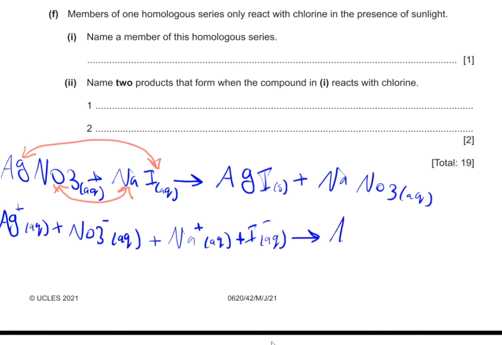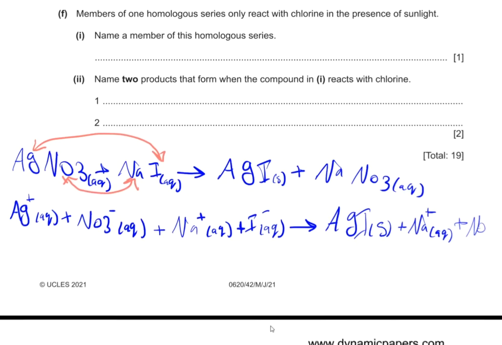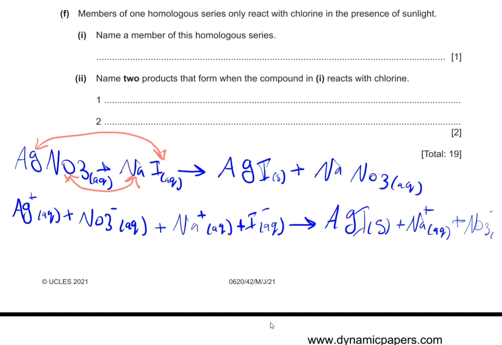Then we have the whole solid of silver iodide in the solid state, plus sodium ion, which is still in the aqueous state, plus nitrate ion, NO3-, in the aqueous state.